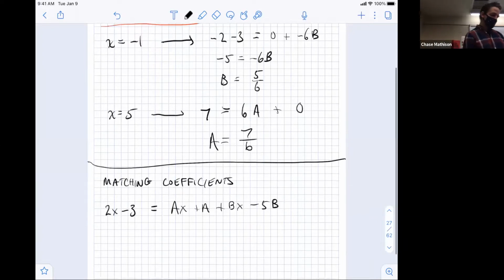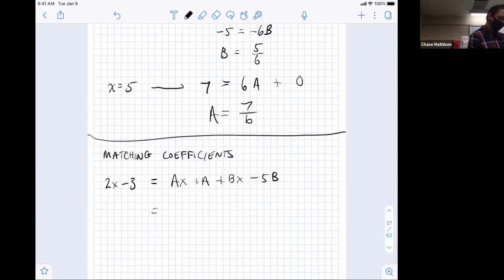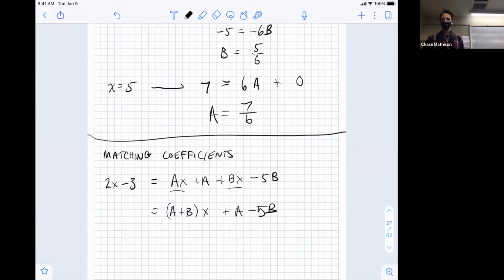Okay. And then I would collect my x's together. So when I collect my x's together, I have an a plus b times x. And then when I get my constants together, I have plus a minus 5b. And then I match coefficients, okay?